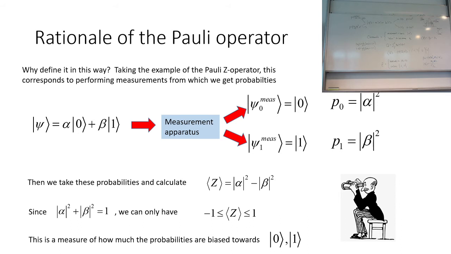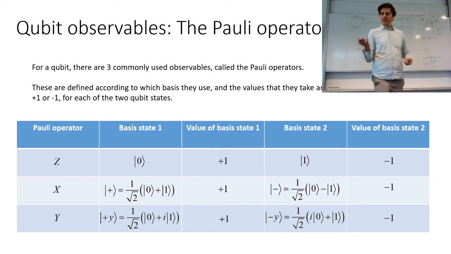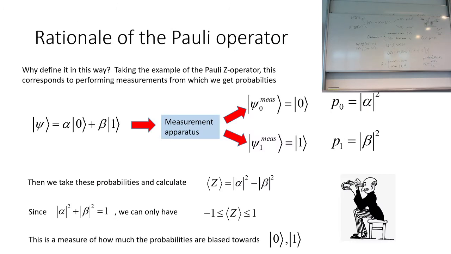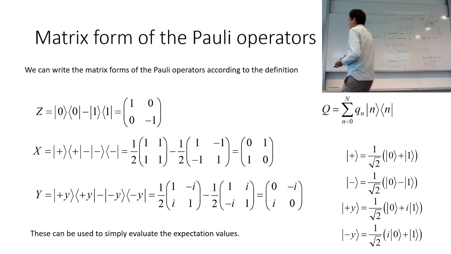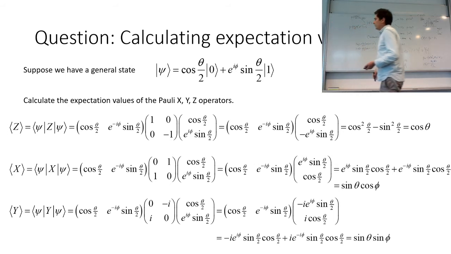I've written this for Z, but it's true for X or Y. If you measure in the X basis, work out P plus and P minus, and subtract one from the other. So if you've worked out the probabilities, all you have to do is subtract them, and that's the answer. That's what I was trying to get you to do in the homework, or to evaluate the averages in a similar way, which I think maybe you all did fine.